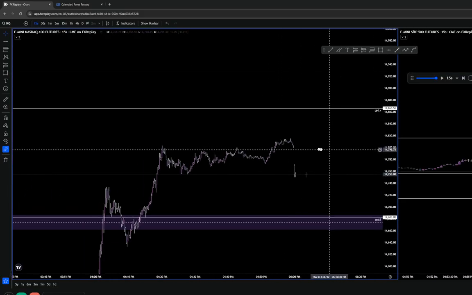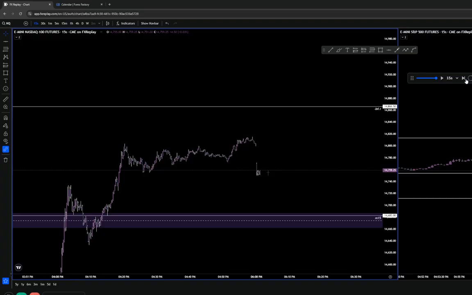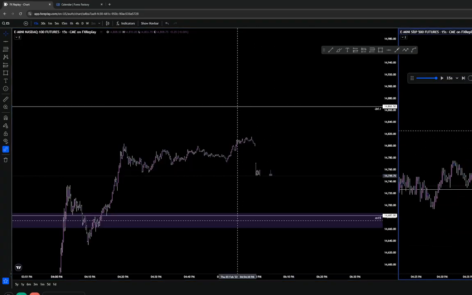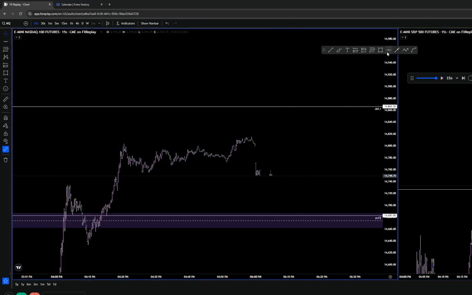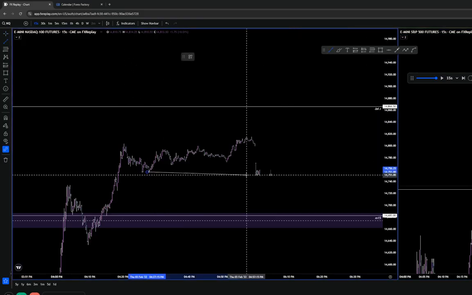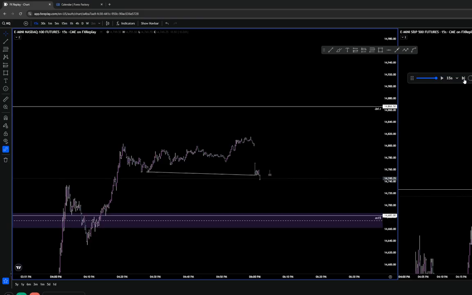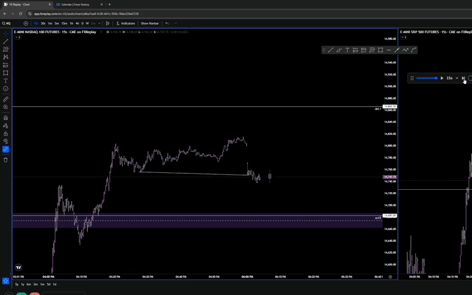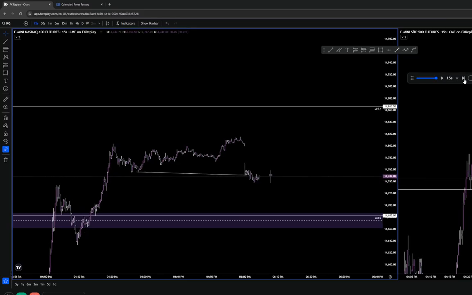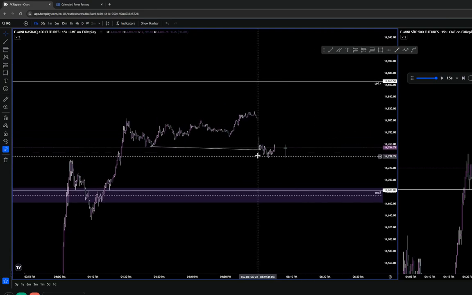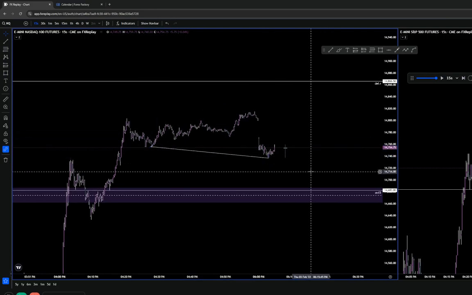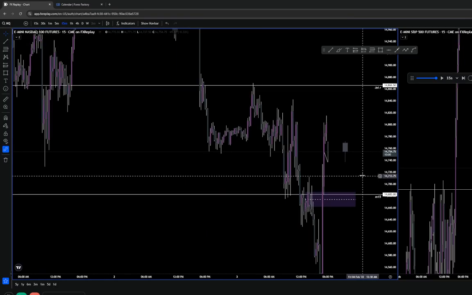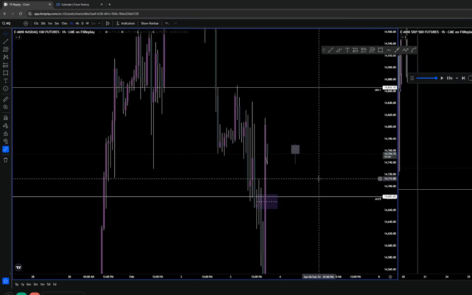So let's see how Asia opens. This is a big SMT, yeah. Honestly, these longs right off open could even work. Let's see. We are trading in a 15-minute gap right now.